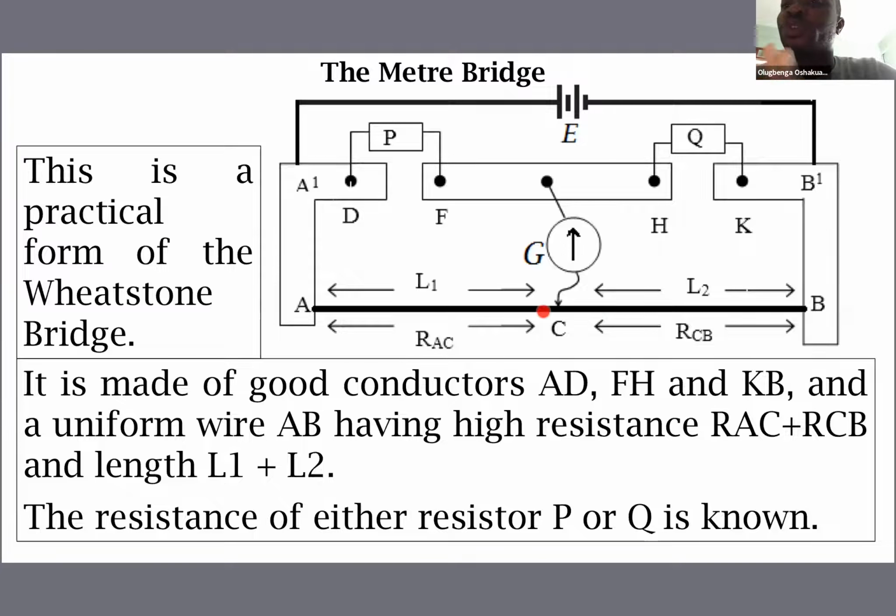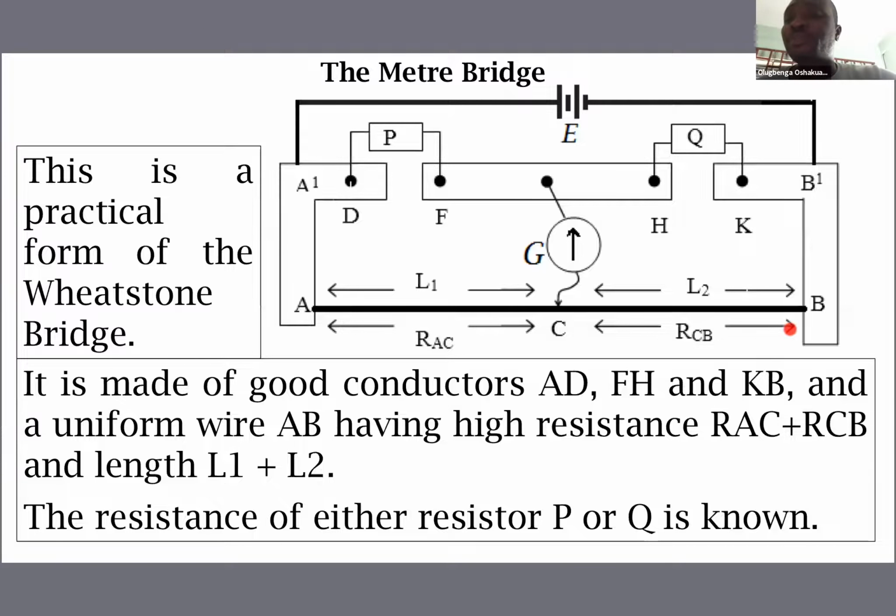So when you know L1, you definitely know L2. When L1 is at the 10 centimeter mark of the meter rule, then L2 will be taking the remaining 90 centimeters of the meter rule.